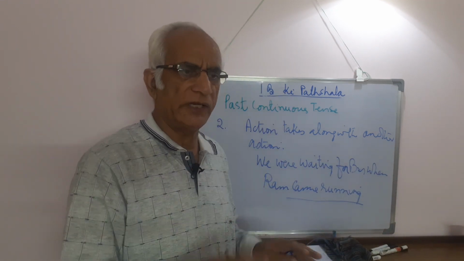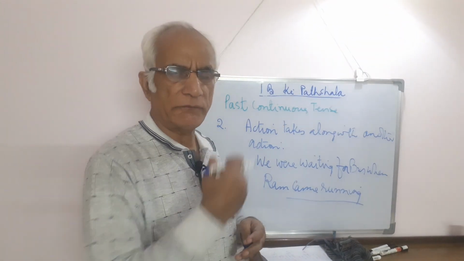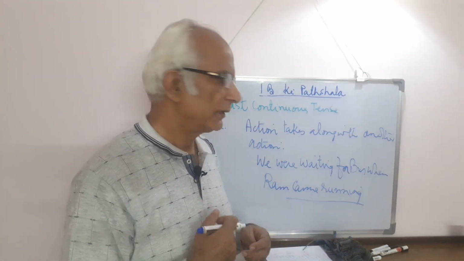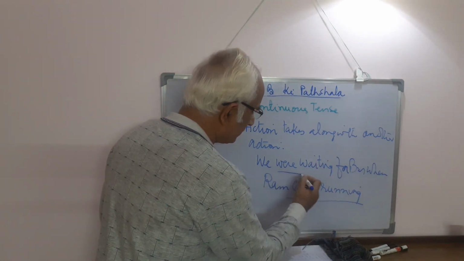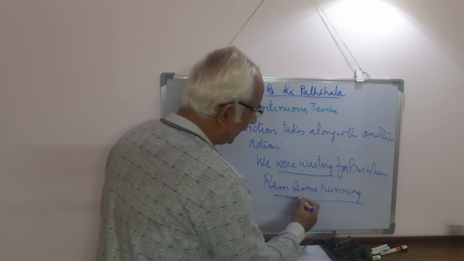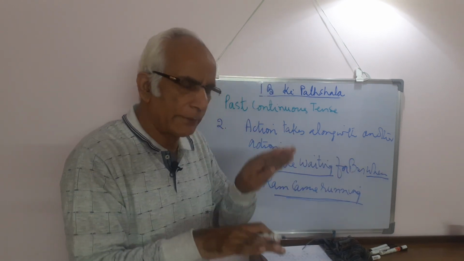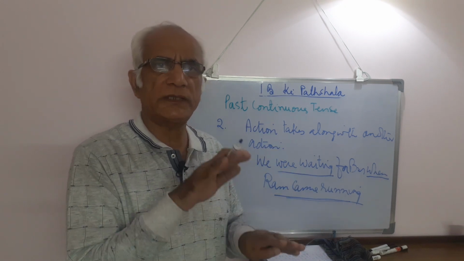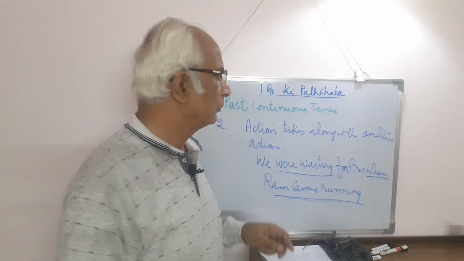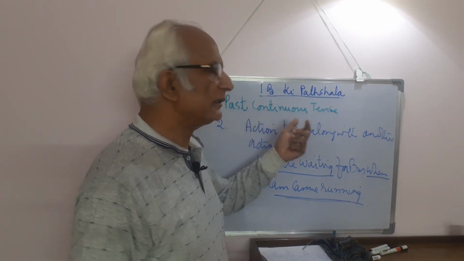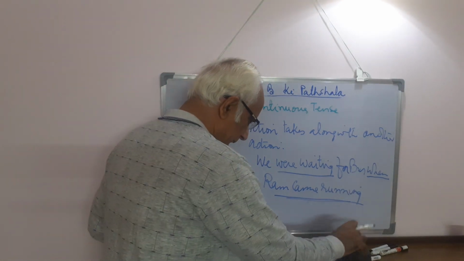Two actions are happening. We are waiting and Ram came to us. Someone came to us. So we were waiting for the bus. This is past tense. Ram came running. When? So that means two actions happening at the same point of time. When two actions happen at the same point of time, we normally use past continuous tense. Okay?